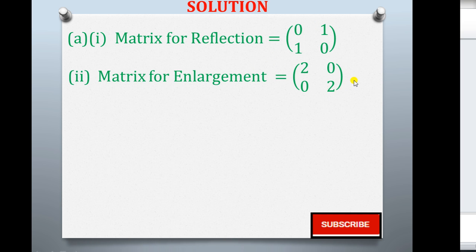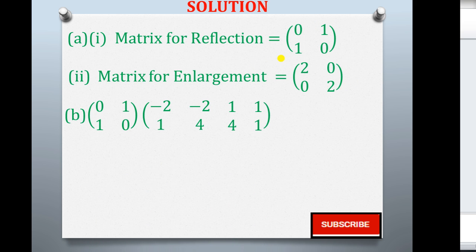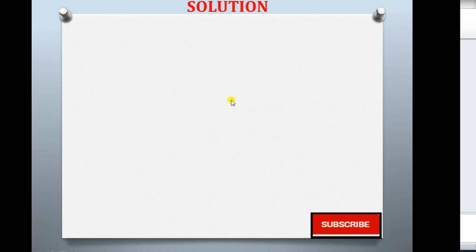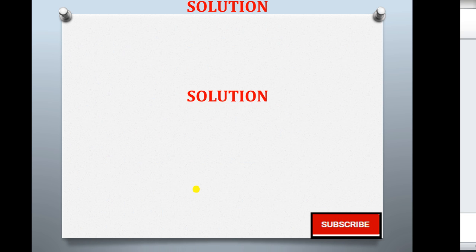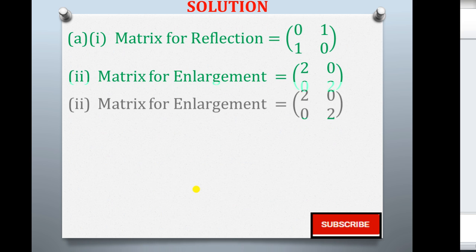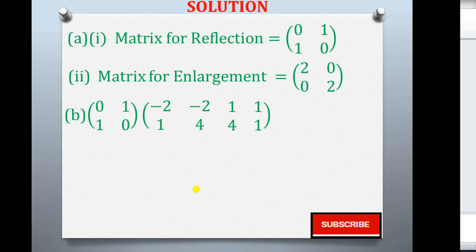So from this point, we can now answer part B. Now remember, if we go back to the question, part B said, find the coordinates of the points A prime, B prime, C prime, and D prime. When you look at this, you realize that you have to apply the formula: transformation matrix times the object gives you the image.